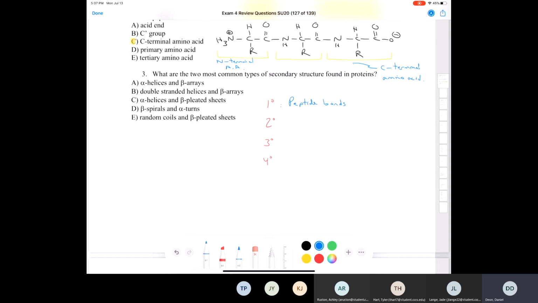But once you get a number of amino acids together, they can have secondary, tertiary, and then if you have two or more amino acid chains that have tertiary structure, we can have quaternary structure. And the two common types of secondary structure are alpha helices and beta pleated sheets. So you should be aware of those. And so the answer to this one is B.